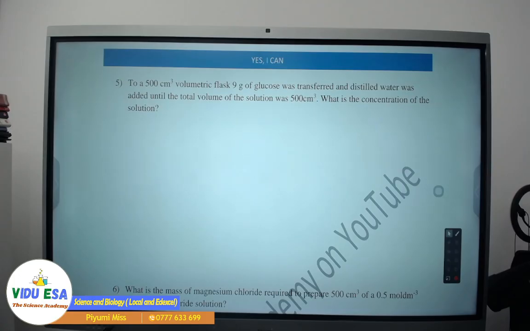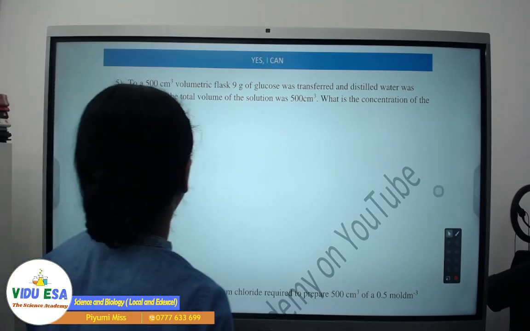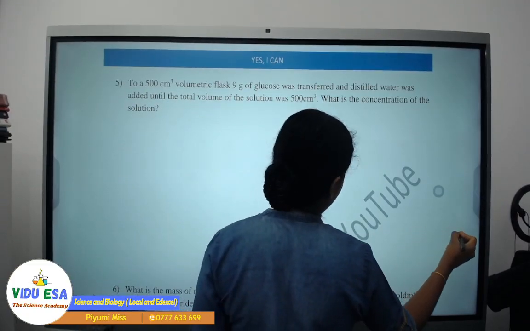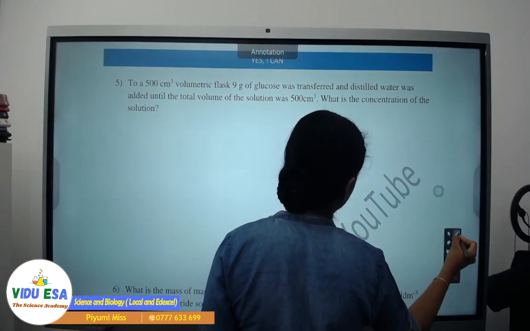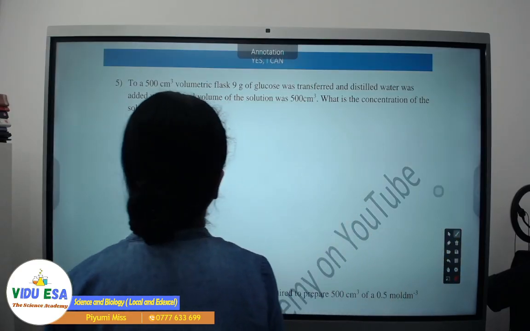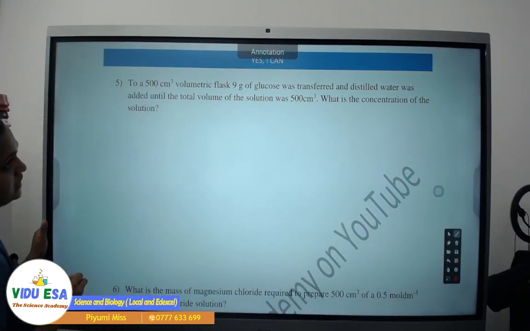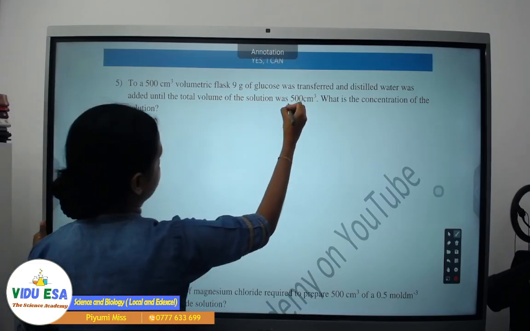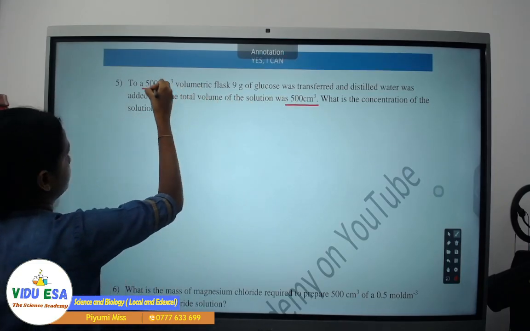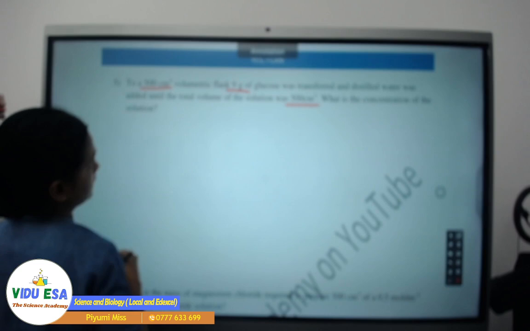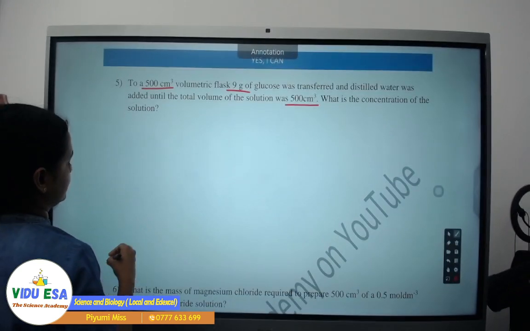Shall we check? To a 500 cubic centimeter volumetric flask, 9 grams of glucose was added, and distilled water was added until the total volume of the solution is 500 cubic centimeters. What is the concentration of the solution?